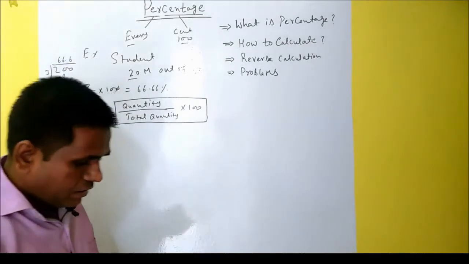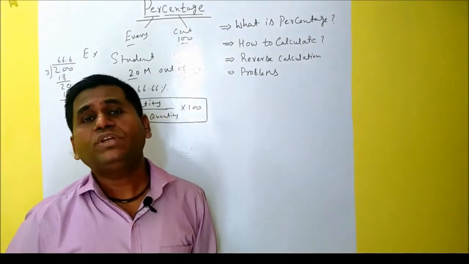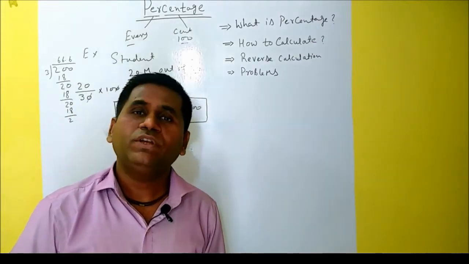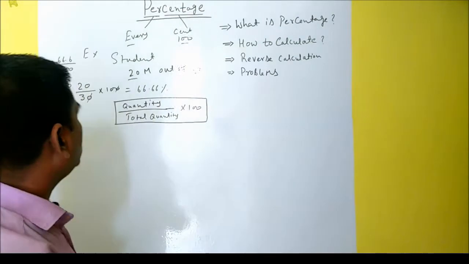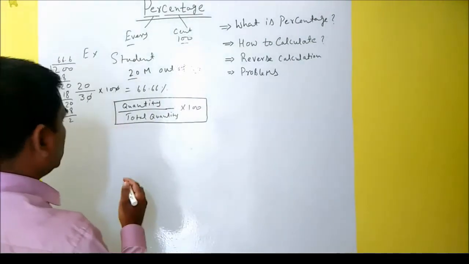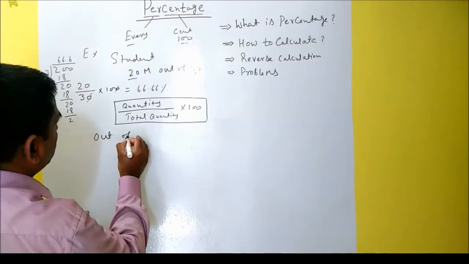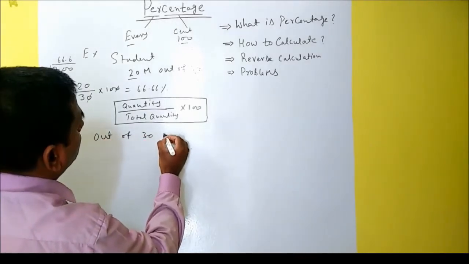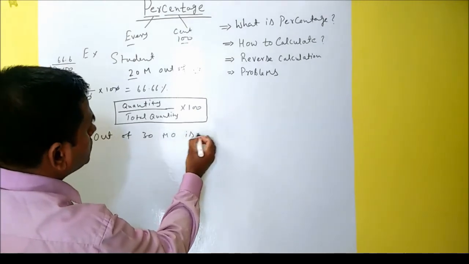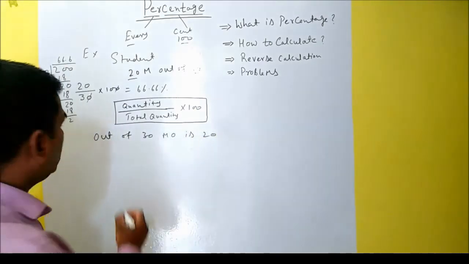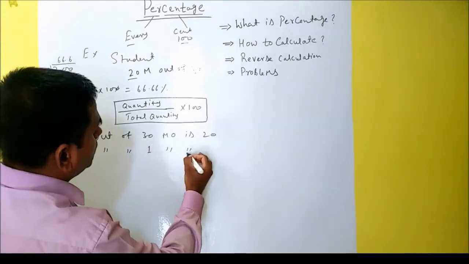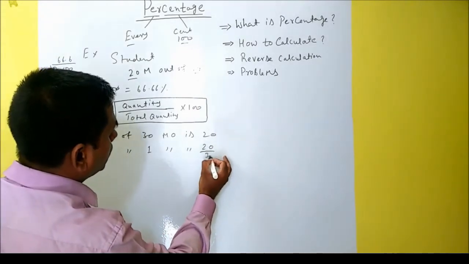We can also calculate percentage using the unitary method. I will solve the same problem using the unitary method. Out of 30, marks obtained is 20. So out of 1, marks obtained is 20 by 30.